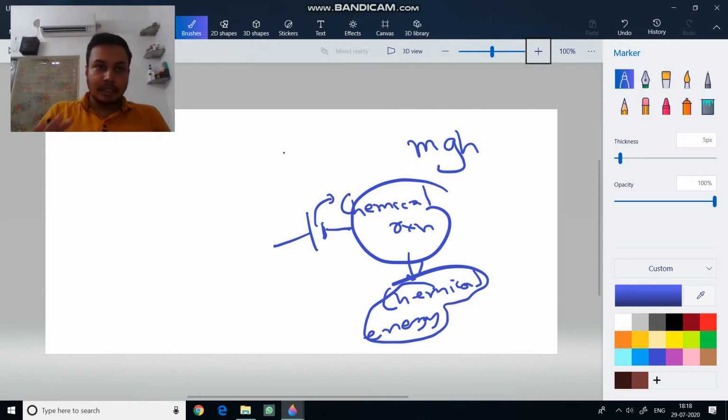Then this electrical energy can get converted into many other forms of energy. Like if you turn on the tube light or bulb, it will get converted into light energy. If you turn on the fan, it is doing the motion, so it will get converted into mechanical energy. If you turn on the iron, it will get converted into heat energy.